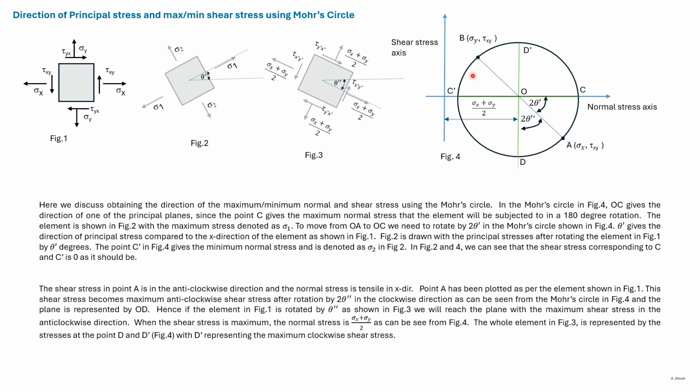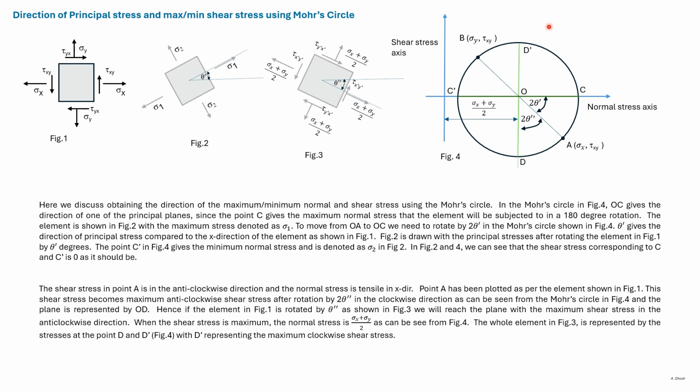Also from the Mohr circle, we can see that the point C dash has the minimum normal stress. From OC, we arrive at OC dash by rotating 180 degrees in the counterclockwise direction. So the stress here represents the stress corresponding to C dash, which is the minimum principal stress. Again, there's no shear stress at C dash, and there's no shear stress here.